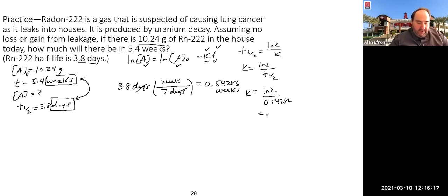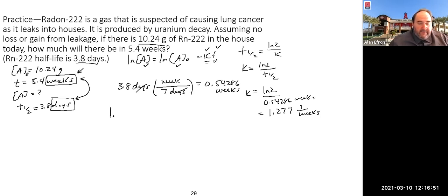That's going to give us something like a decay constant of 1.277. And the units here are actually going to be 1 over weeks, or reciprocal weeks, as these are weeks here. Any questions on that so far? Again, you could have left it in days and converted this to days, and it would come out the same in the grand scheme of things.